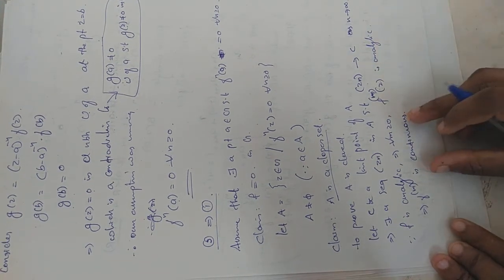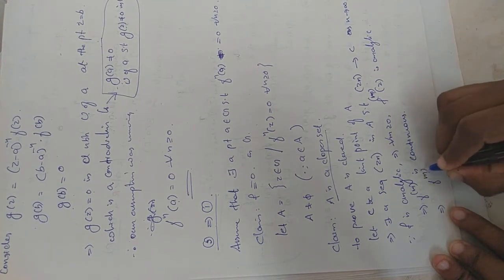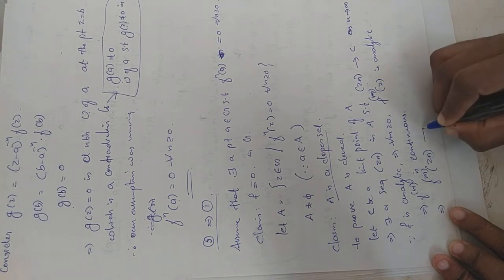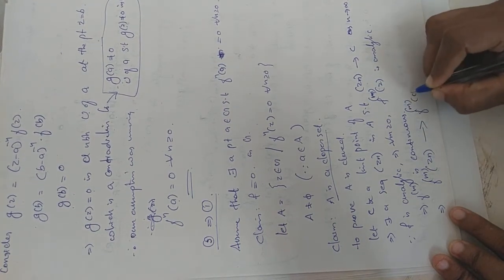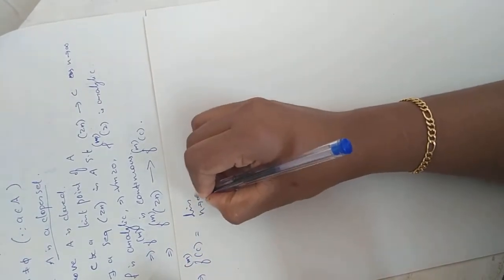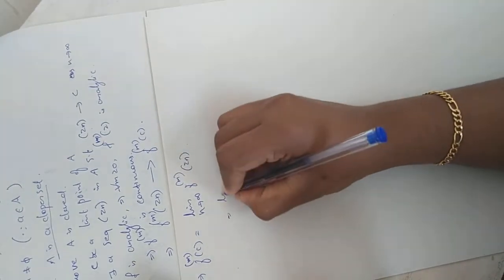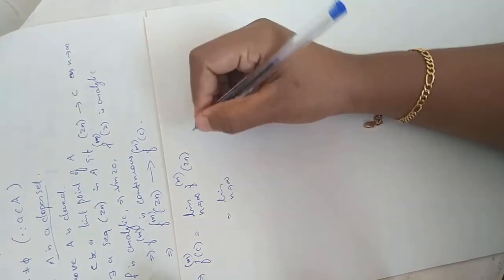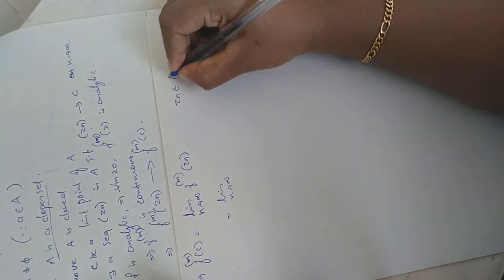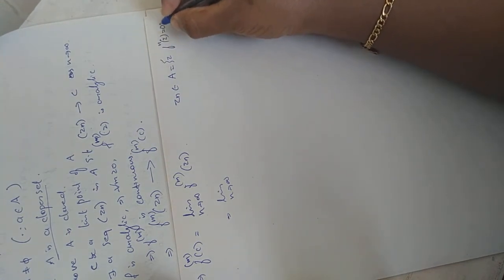Then we can apply this continuity to this convergent sequence. So which implies the mth derivative at Zn converges to the mth derivative at the point C. So the mth derivative of f at C can be written as the limit as n tends to infinity of the mth derivative at Zn. What is the mth derivative at Zn? Zn is an element in capital A, and A is the set of all z such that the nth derivative at z is equal to 0.